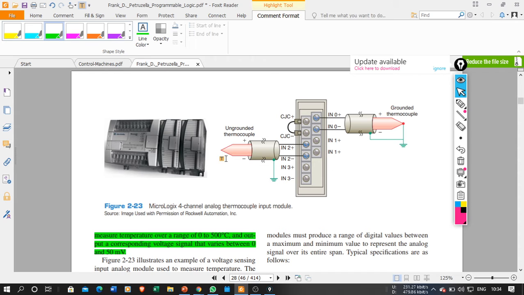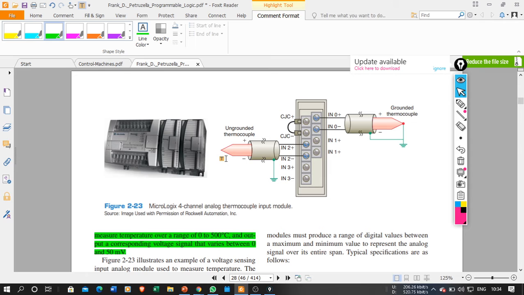That temperature sensor is designed to measure 0 to 500 degree centigrade of temperature, and when it measures that, it will give you a voltage signal at the output. That voltage signal may be 0 to 50 millivolt. 0 to 50 millivolt म्हणजे 0 degree temperature असेल तर I will get 0 millivolt. And if it is 500 degree centigrade, then I will get 50 millivolt.